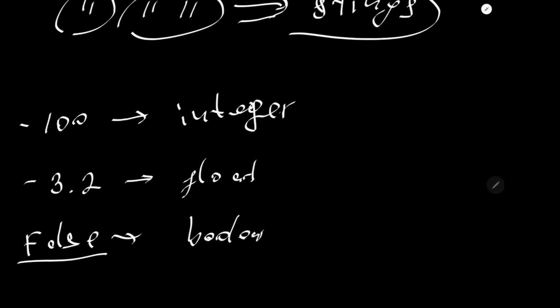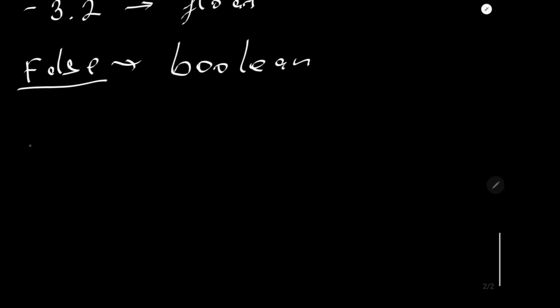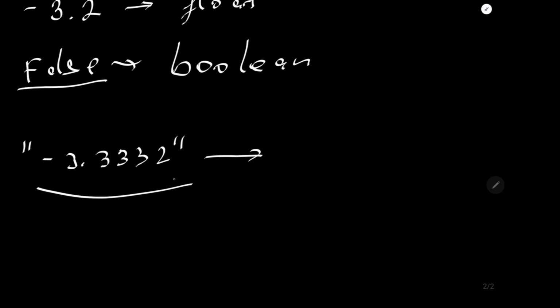Yes, you are right. What type is this variable? I will use double quotes and write negative 3.3332. What's the type of this value? It's string, because if there's a quote, it means string. I think that you got it right.